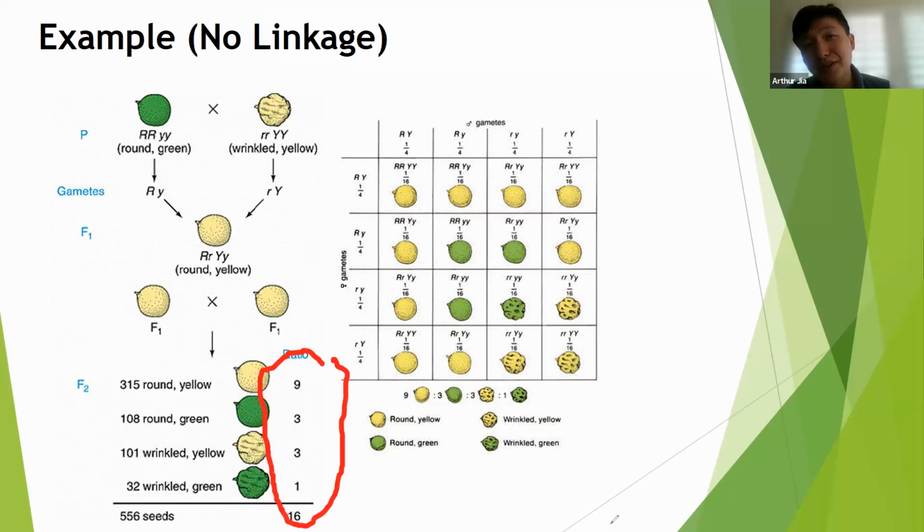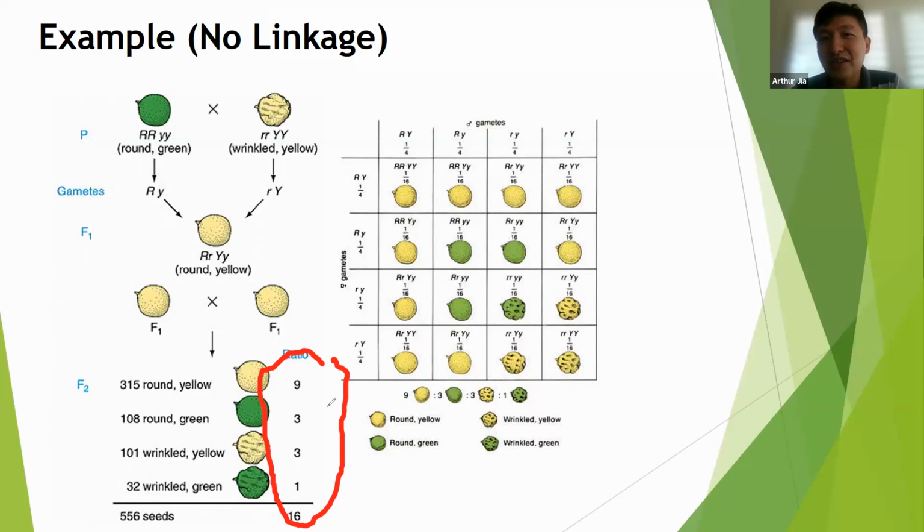However, if this is not the case, suppose we want to test 2 other genes, and these 2 genes are located on the same chromosome and they are closely related to each other, they're linked. So you're going to see a different ratio, right? And the ratio will tell you how tightly these 2 genes are associated with each other, right?